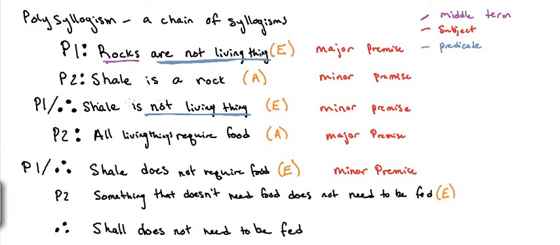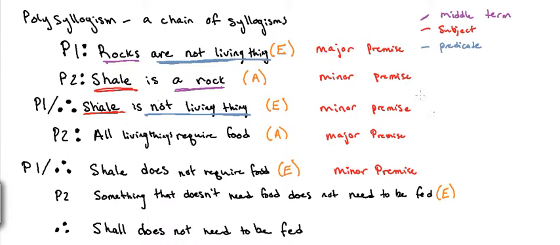Now we have our second premise, shale is a rock. Well, rock, remember, was one of our terms. It was our middle term. And shale is going to be our subject, so we'll expect to see shale down there in the conclusion. So now our first conclusion is going to serve as our first premise, and it's going to be a minor premise.